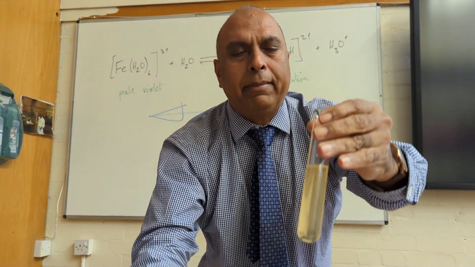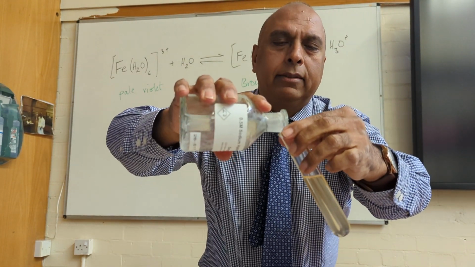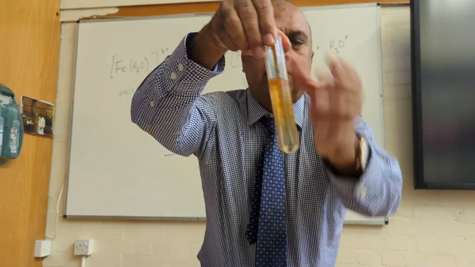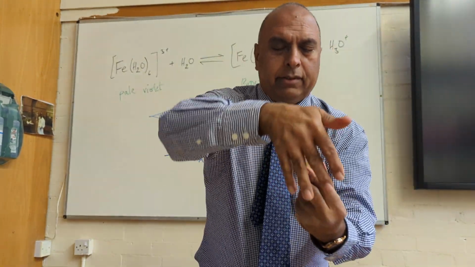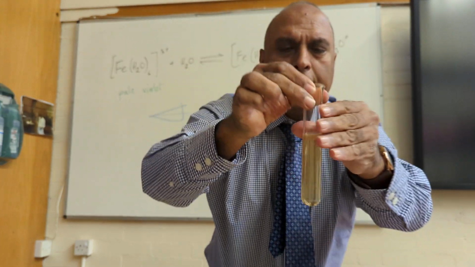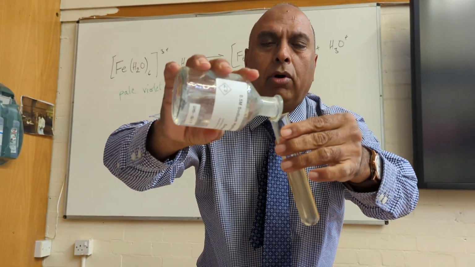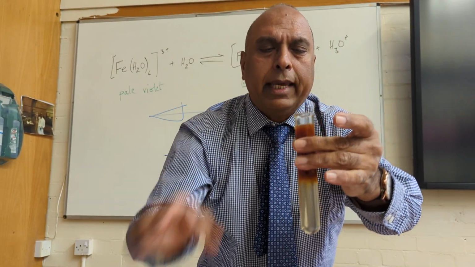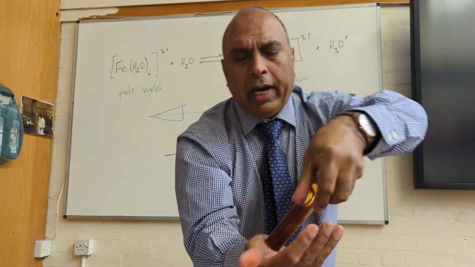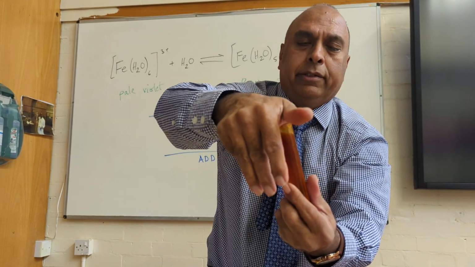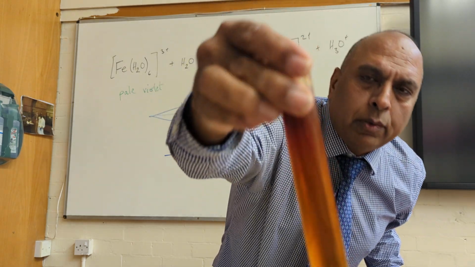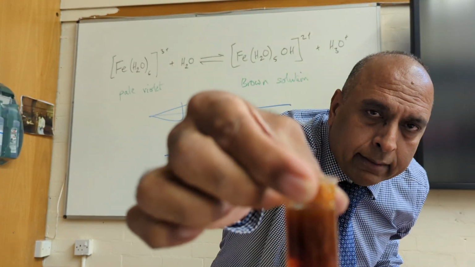Then you can get back to the brown colour you had. And not only that, once you get back to the brown colour, you can add more, and you can get to the iron 3 hydroxide precipitate, which is what we've got going on there.